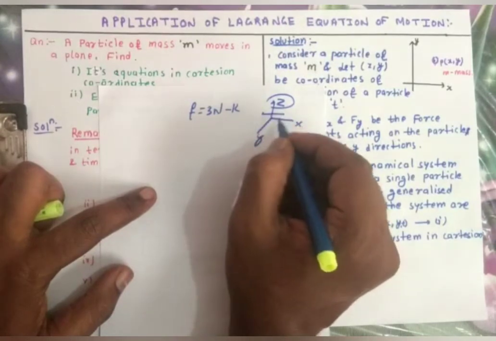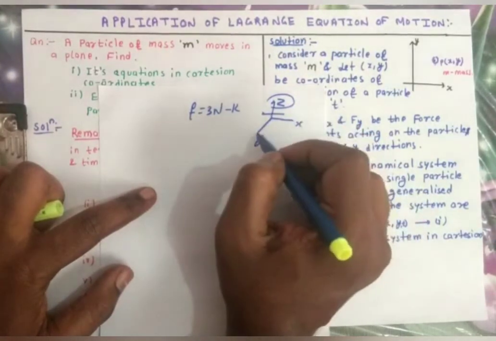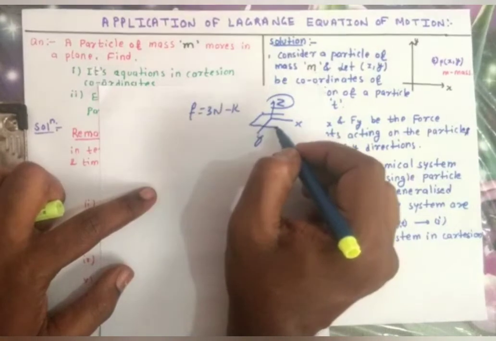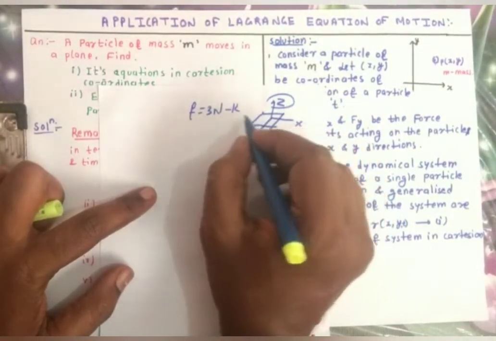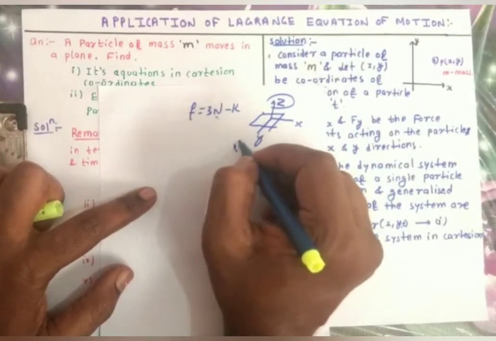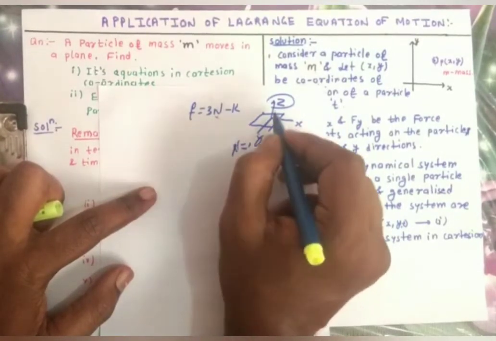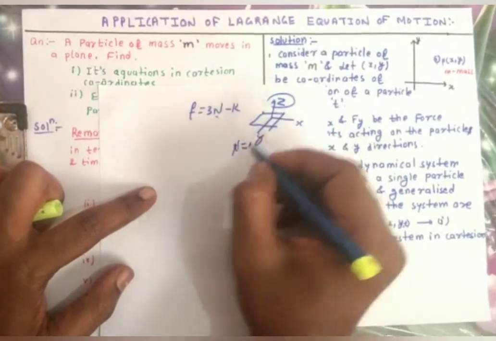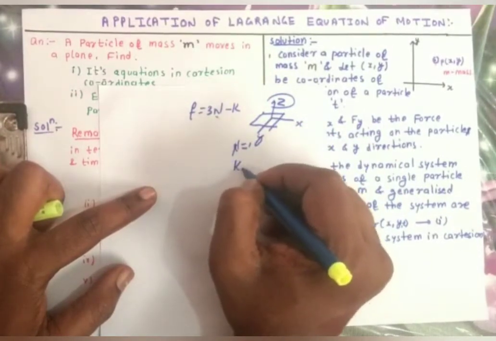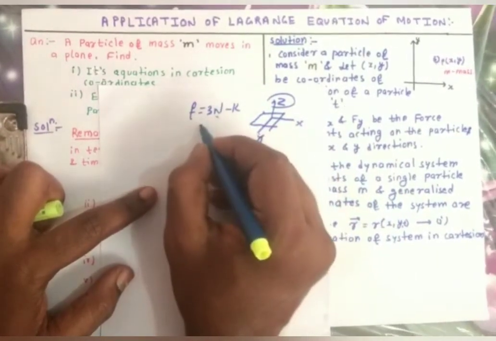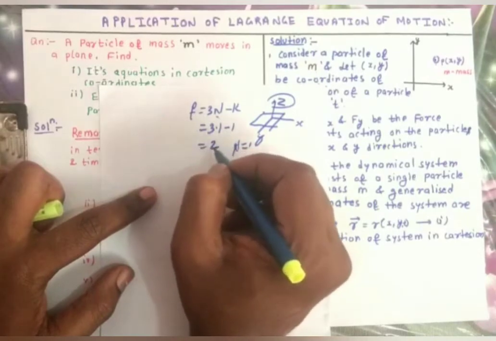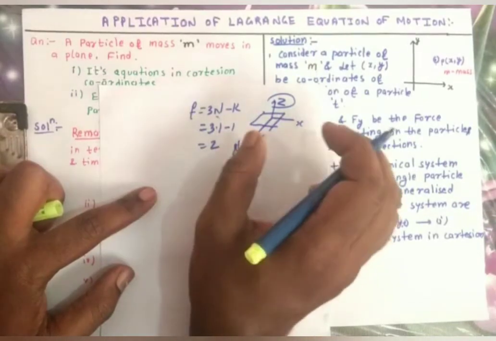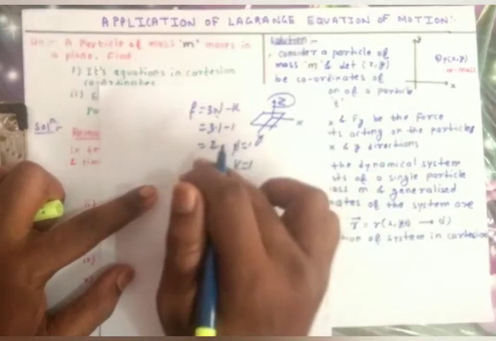Z is fixed here, and we only consider a plane. At that time the number of particles n is equal to 1, and if we fix z, then the number of constraints is equal to 1. Then the degree of freedom will be 3 into 1 minus 1, which is equal to 2. That is, the degree of freedom of that system is 2.